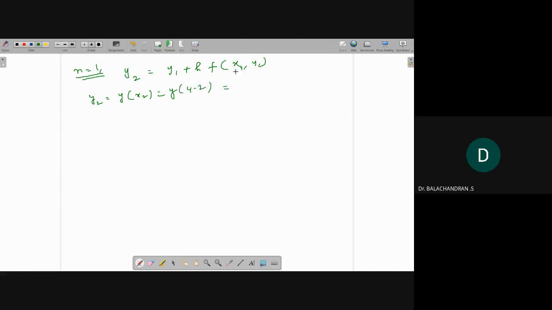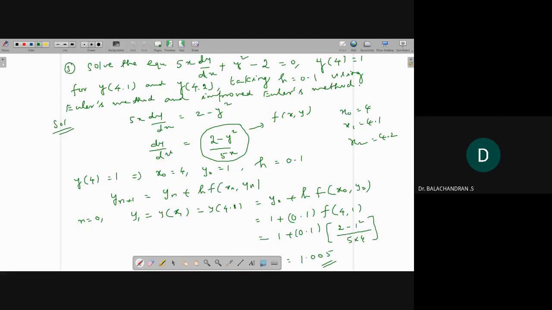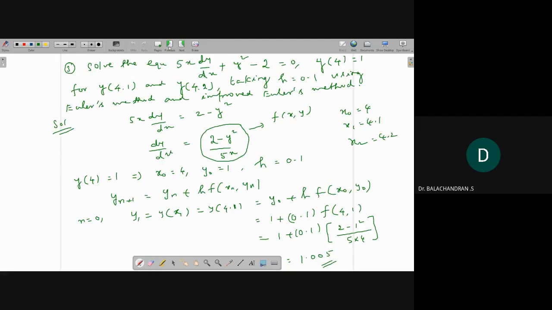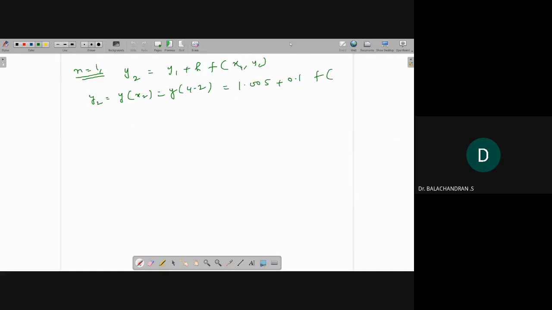So we need y1 and x1. y1 is 1.005, x1 is 4.1.